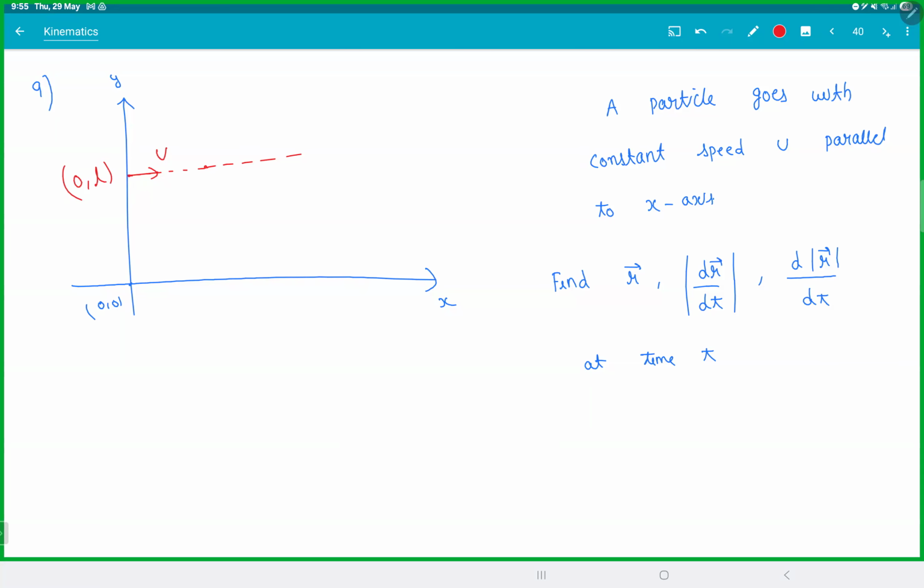Yeah, the first two are easy, straightforward. Get me the third one. For the first two, there's nothing. R bar and dr by dt will come, that is speed u only. Find d mod r by dt. The reason I gave both is because if I give this, most people will answer for this. So I gave both just to show you both are not the same. What is d by dt? Mod r ka d by dt.